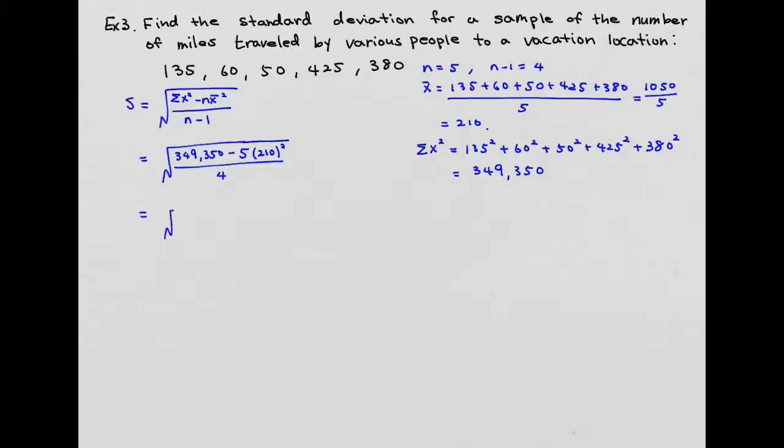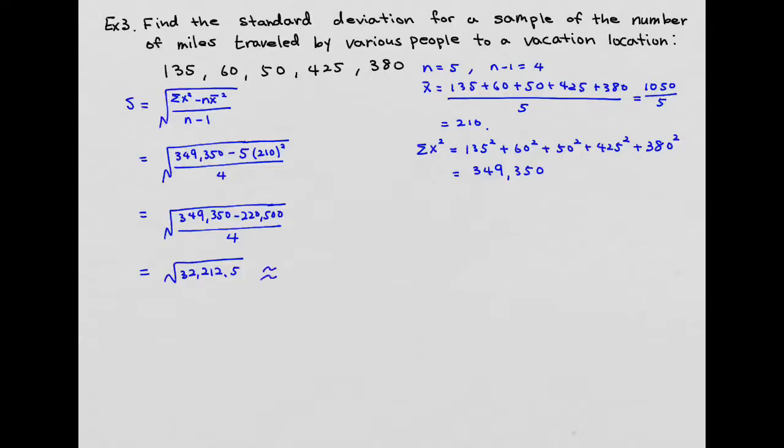So then 349,350 minus 210 squared times 5, you're going to get 220,500, over 4. This is going to be the square root of 32,212.5.